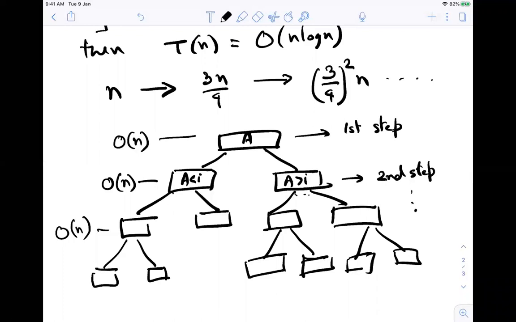Fine. And the question is: when does a particular node stop? When don't we split? I don't split when the size of the array is equal to 1. There's nothing to split. When the size is 1, I stop.